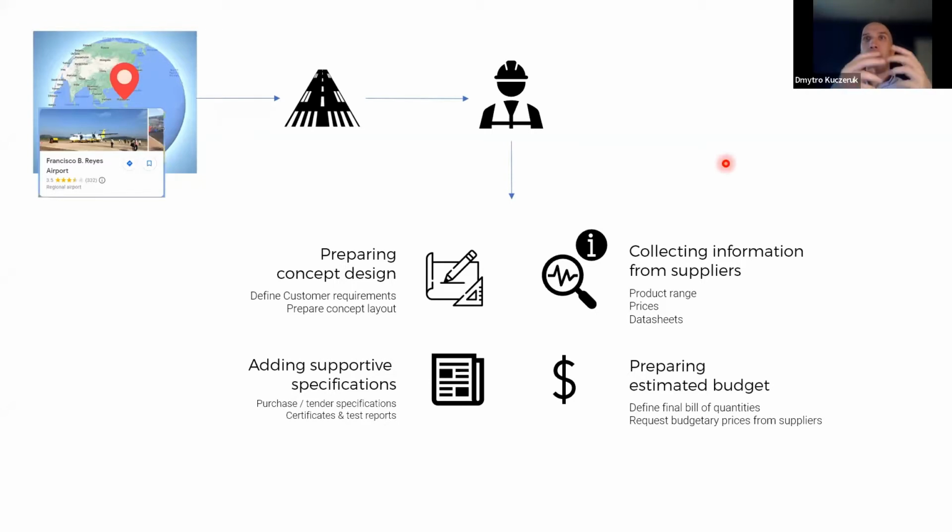We are asked to find a suitable solution in terms of money, quality, lifespan, certification, etc. And at the end, we are expected as designers to provide the airport with a suitable documentation pack, or I would say a pre-tender specification, that the end user or airport can use to efficiently run the purchasing of the equipment that has been designed.